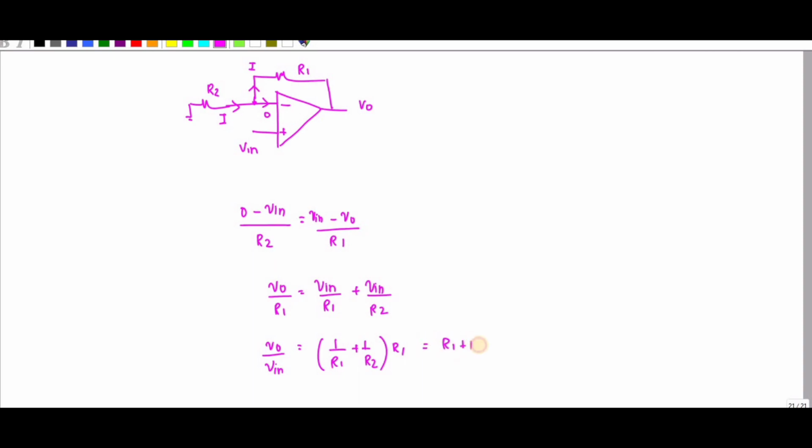So this I can write as R1 plus R2 divided by R1 R2 into R1. So here R1 gets cancelled out, and I can write R1 plus R2 divided by R2, that is equal to 1 plus R1 divided by R2. Okay. So this is your voltage gain here.